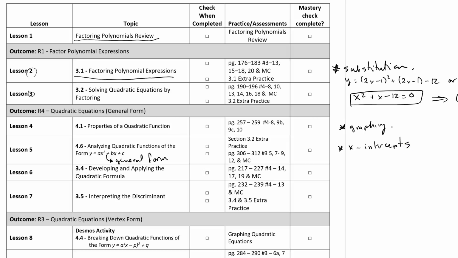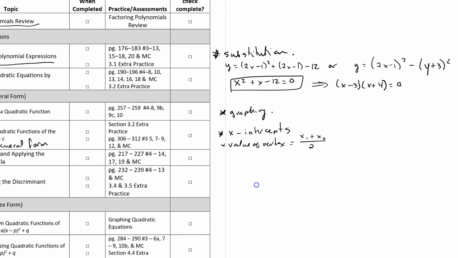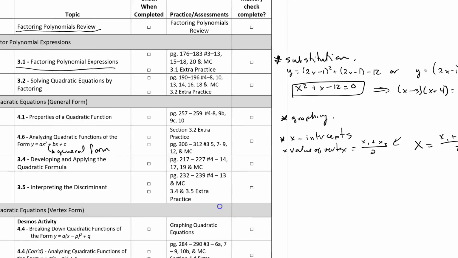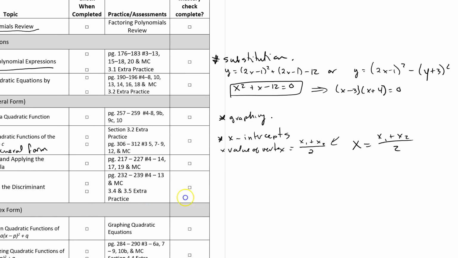And using various techniques and various formulas, we can come up with a vertex. So the x value of the vertex equals (x1 plus x2) divided by 2. And this right here is actually our equation of the axis of symmetry too. So it would just be x equals (x1 plus x2) over 2. And remember, it doesn't matter what the order of x1 and x2 is.